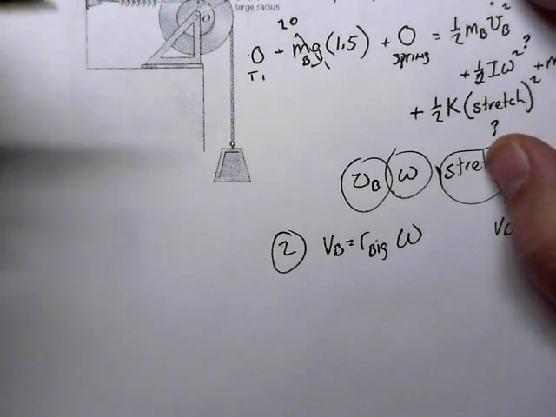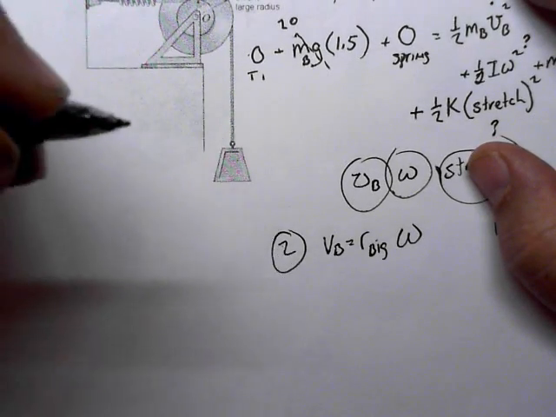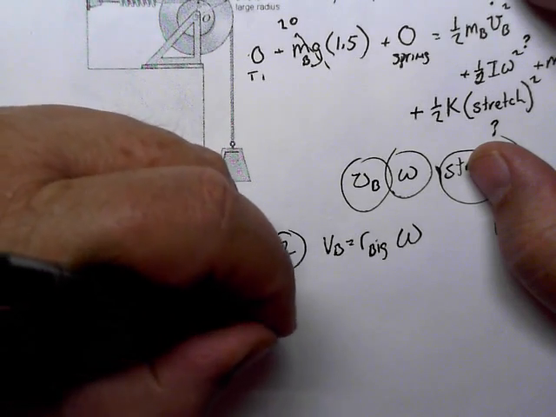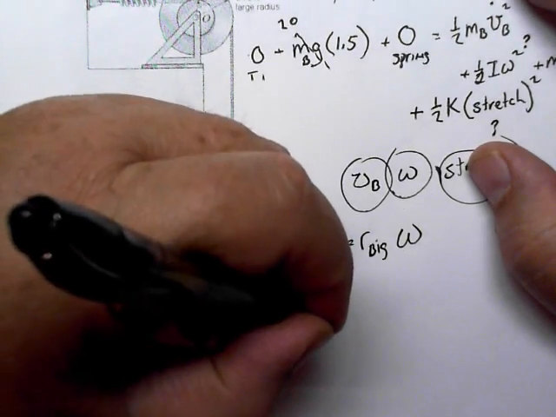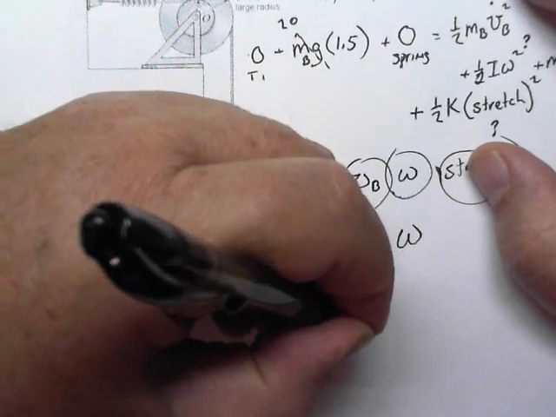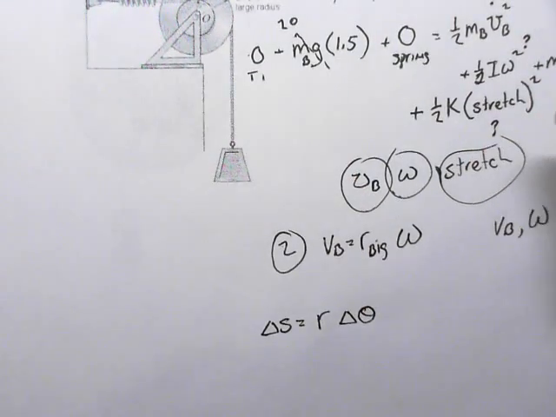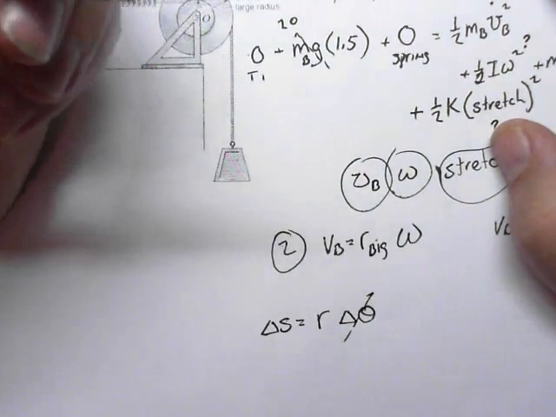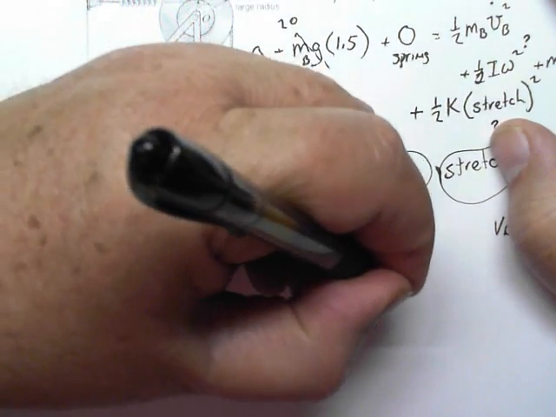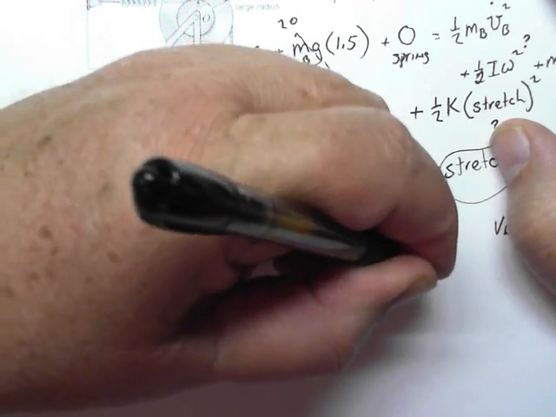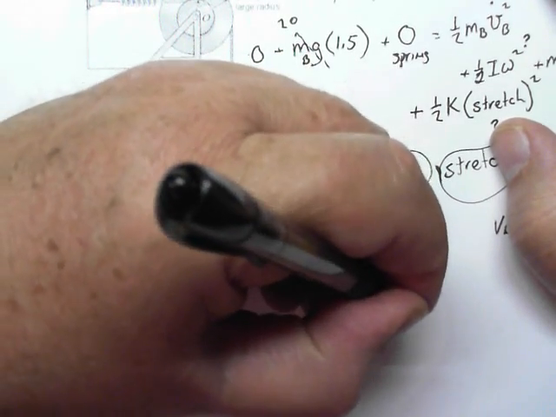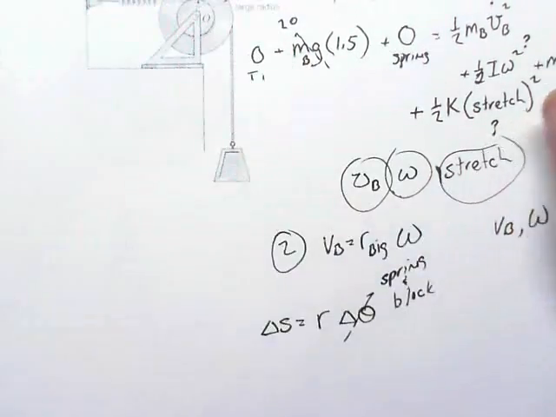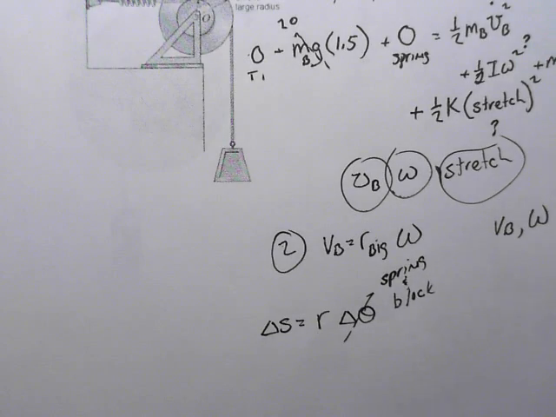And so by using the equation that delta S is equal to R delta theta, and recognizing that this delta theta pertains to the spring and to the block, they share the same delta theta.